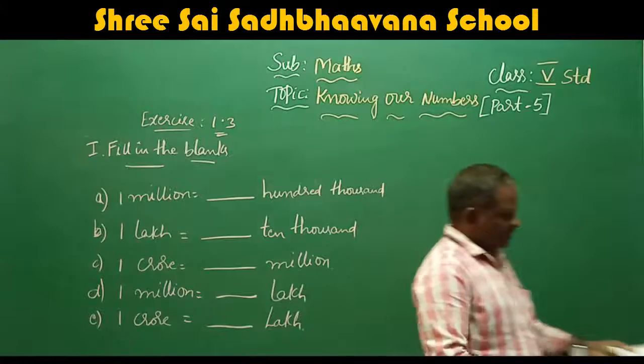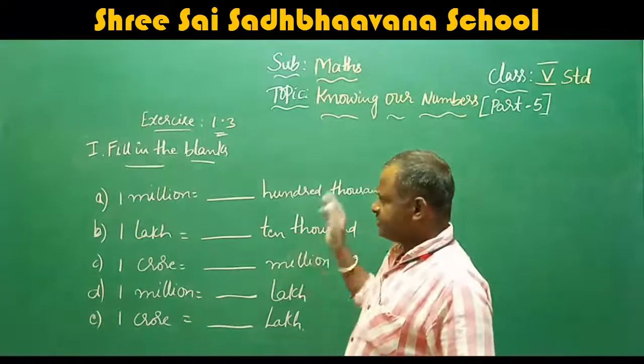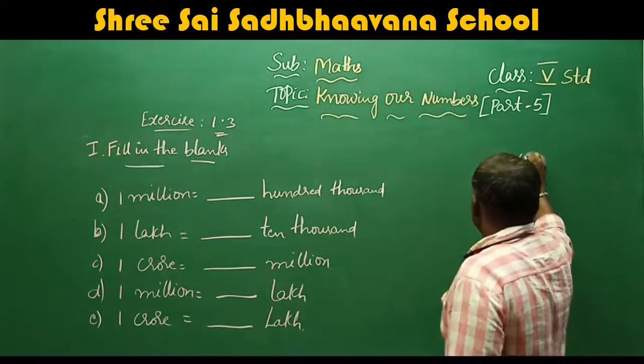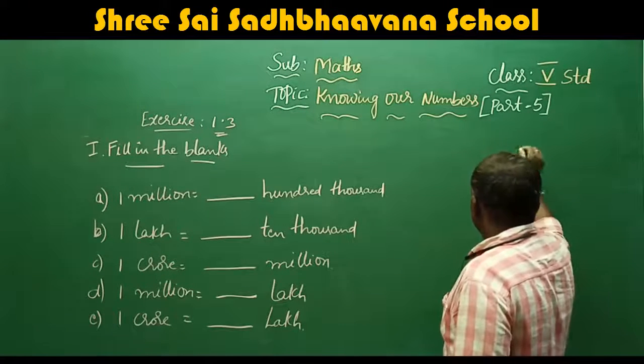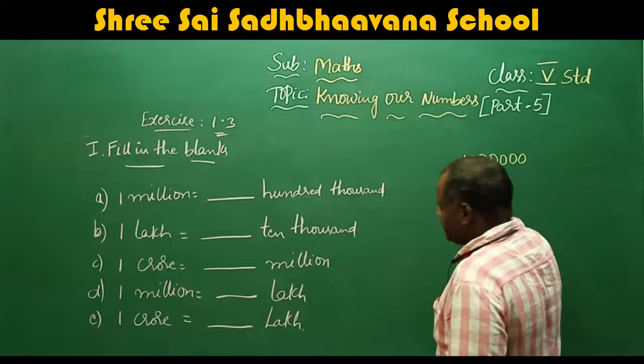We'll solve this now. 1 million is equal to dash 100,000. First you write 1 million. How will you count? Unit, 10, 100, 1,000, 10,000, 100,000, million.